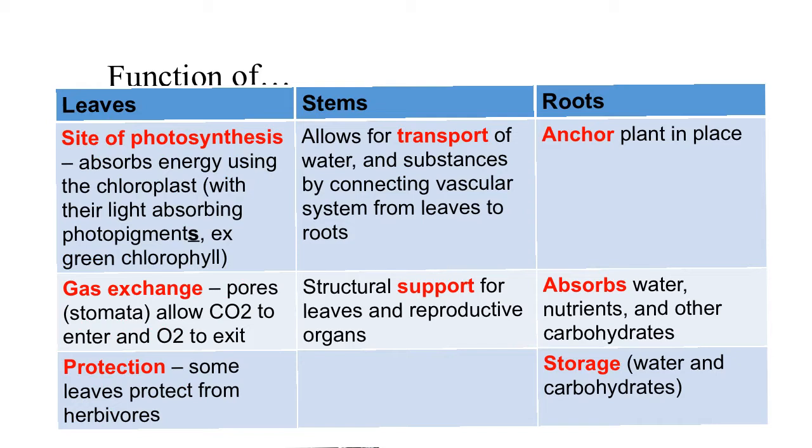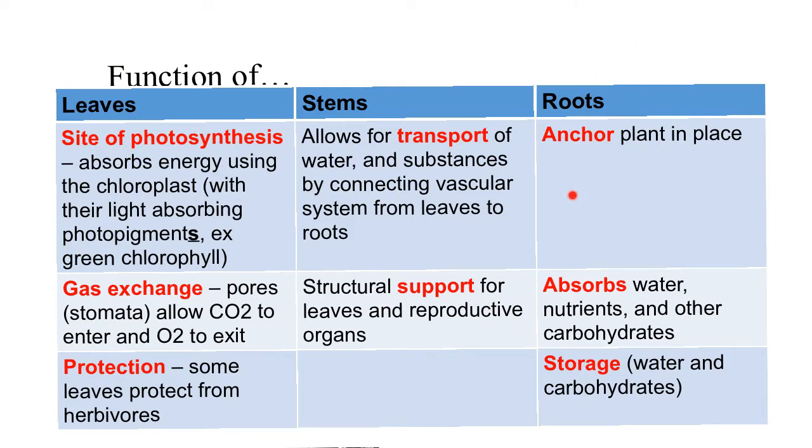The primary function of stems is transport. So they bring things from the roots to the leaves, and from the leaves to the roots, depending on what is needed where. The stems are also really important for structure. So they are what are going to be keeping the leaves and the reproductive organs standing upright and available. Finally, roots, which we talked about in our last lesson.